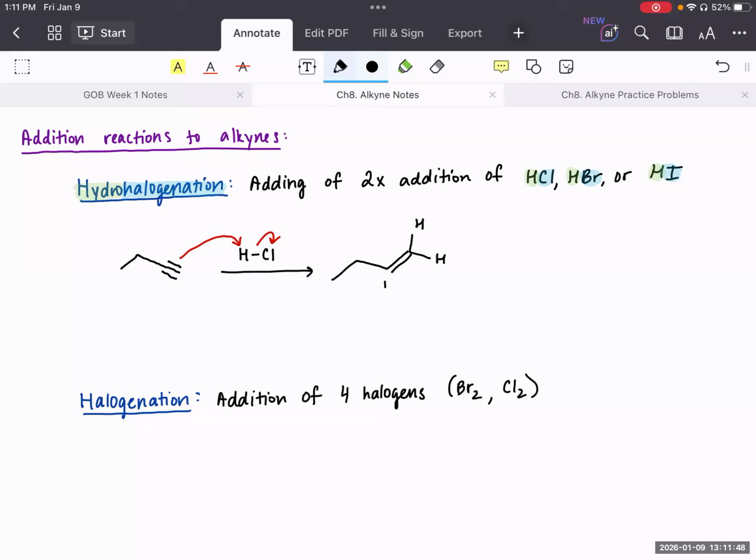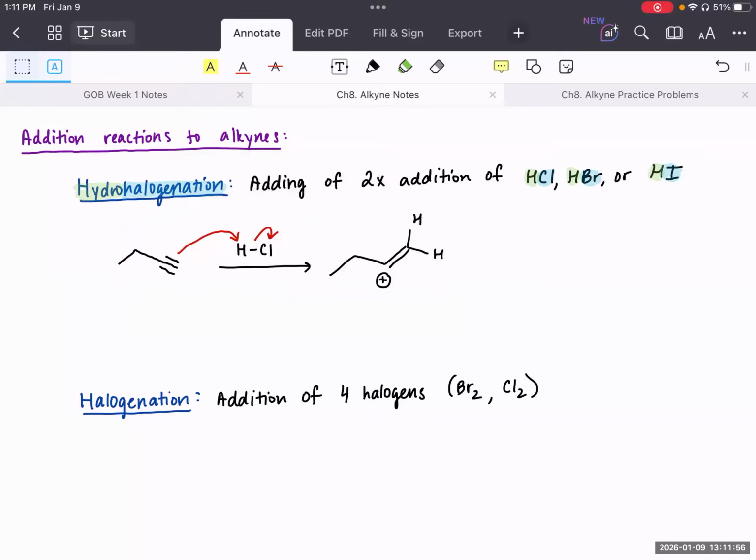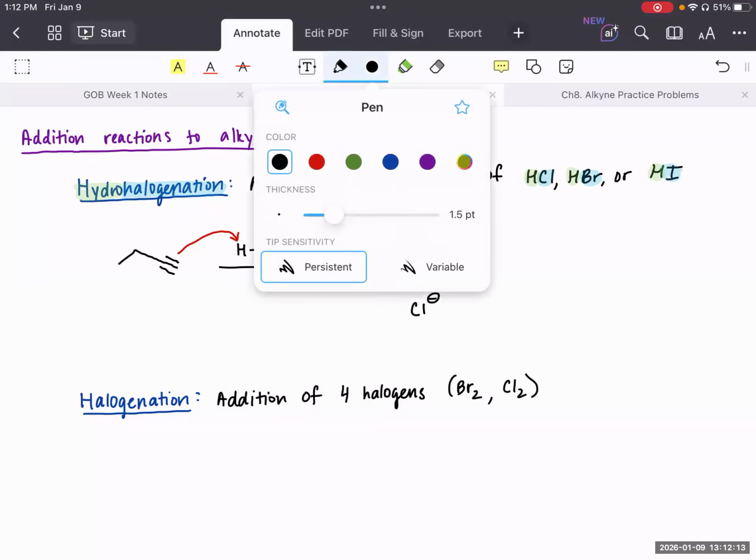It's not quite a carbocation, but it's a proxy structure that we can draw to represent the intermediate state, where we get that plus charge on the other carbon. Again, the state is not quite correct. Different textbooks will describe this intermediate state a little bit differently, but for the purpose of most orgo classes, this should be sufficient.